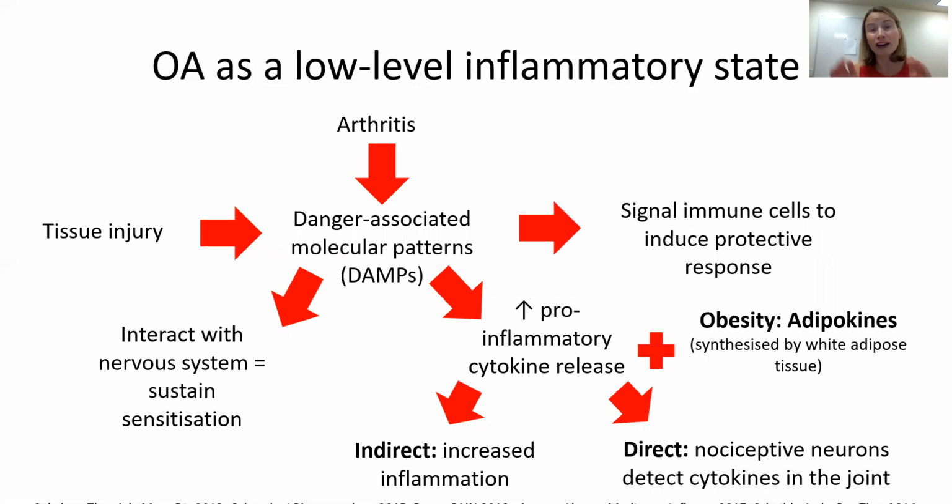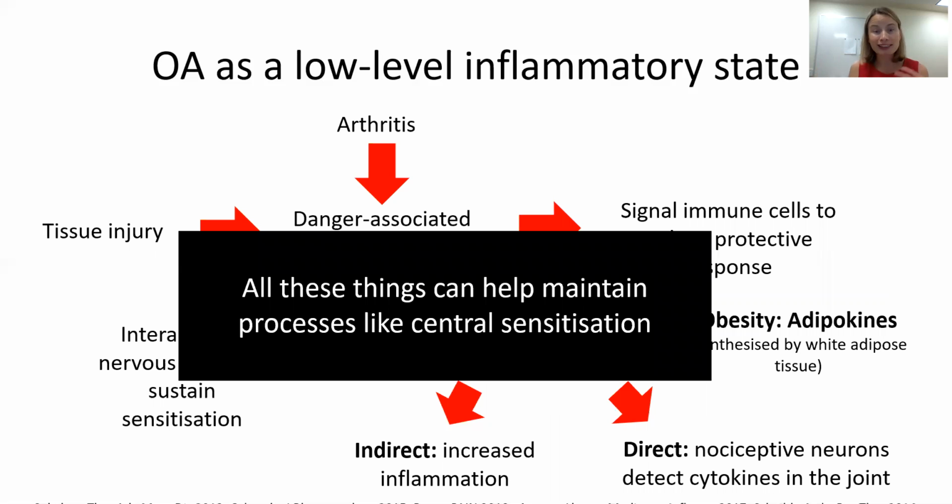Their balance is off, and it's a shift towards pro-inflammatory states. And pro-inflammatory states means that things hurt more. But a pro-inflammatory state and all of these features can also help maintain processes like central sensitization. So we have a nervous system and an immune system that are both promoting things to be more sensitive.